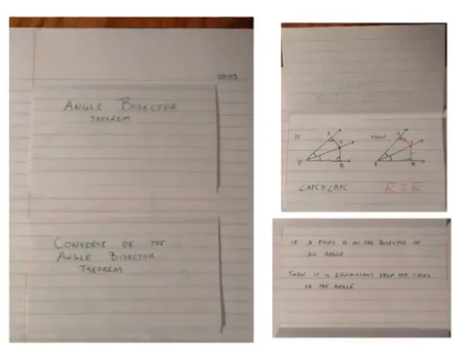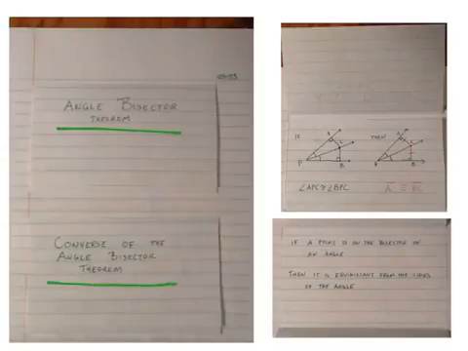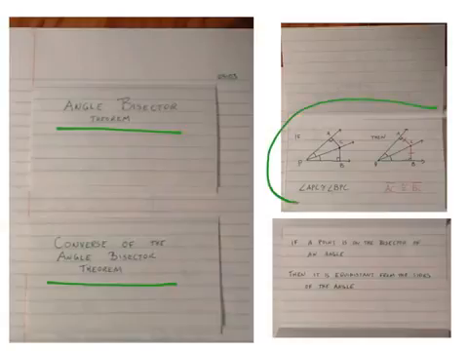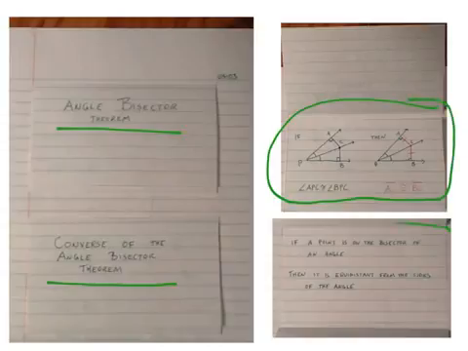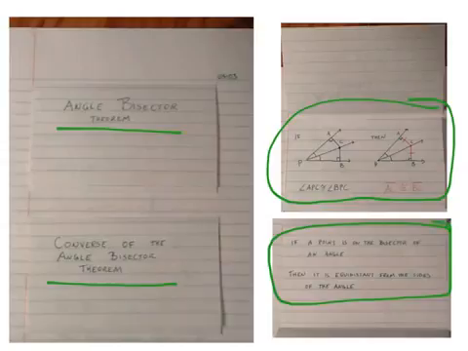We have two angle bisector theorems, the angle bisector theorem and the converse of the angle bisector theorem. Over here to the right we have the inside flap of the angle bisector theorem, and then we have what the theorem states in words on the very inside.